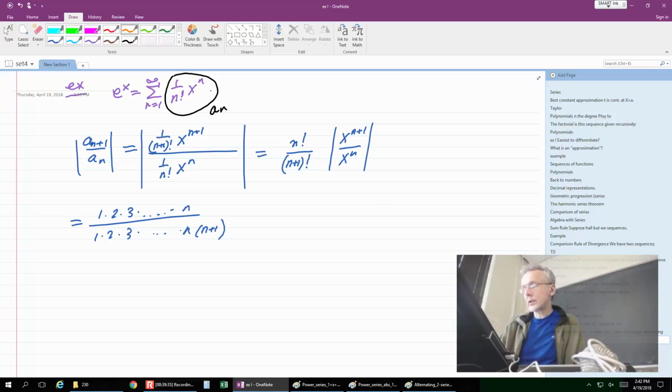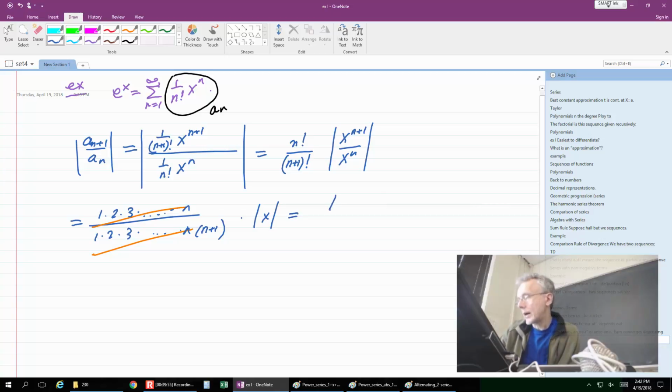The cancellation is very effective. You are simply left with 1 over n+1. In the meantime, on the right, the second term gives me nothing but the absolute value of x. So we're left with the absolute value of x divided by n+1. What is the limit?